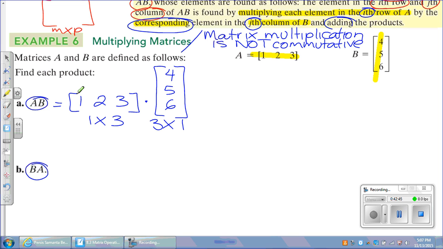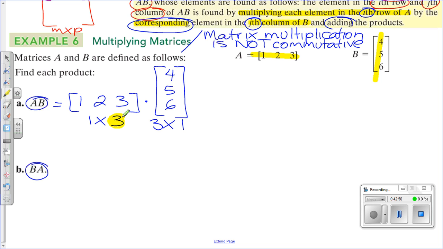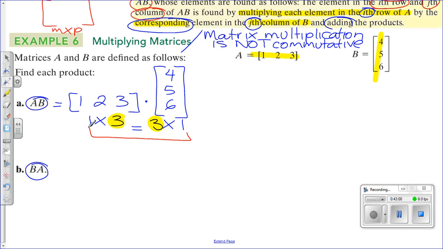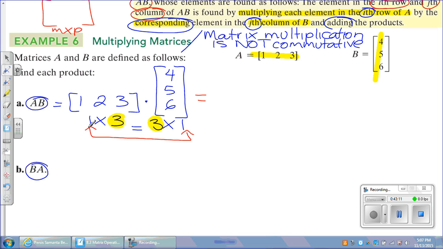So remember, to make sure that the product is possible, you check the numbers that are here. Those two numbers happen to be equal, so yes, we can multiply them. But the dimensions of the resultant matrix are going to be 1 by 1. That means that we're only going to have 1 row, 1 column. In other words, we're only going to have 1 entry, 1 number.